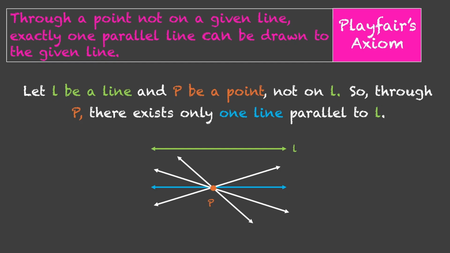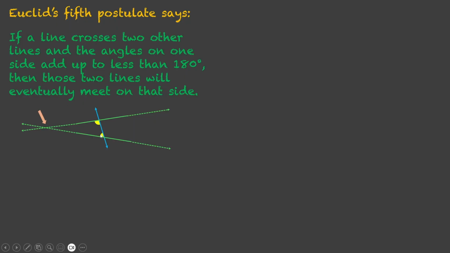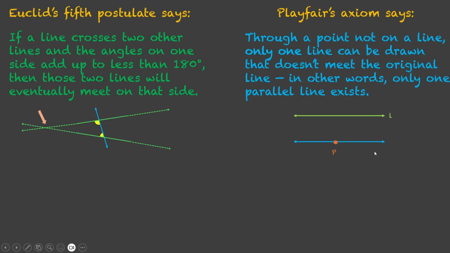Now the question is, how is it equivalent to Euclid's fifth postulate? Let us see how they both are saying the same thing. Euclid's fifth postulate says, if a line crosses two other lines and the angles on one side add up to less than 180 degrees, then those lines will eventually meet on that side. While Playfair's axiom says, through a point not on a line, only one line can be drawn that doesn't meet the original line, or there's only one line just parallel to the existing line.